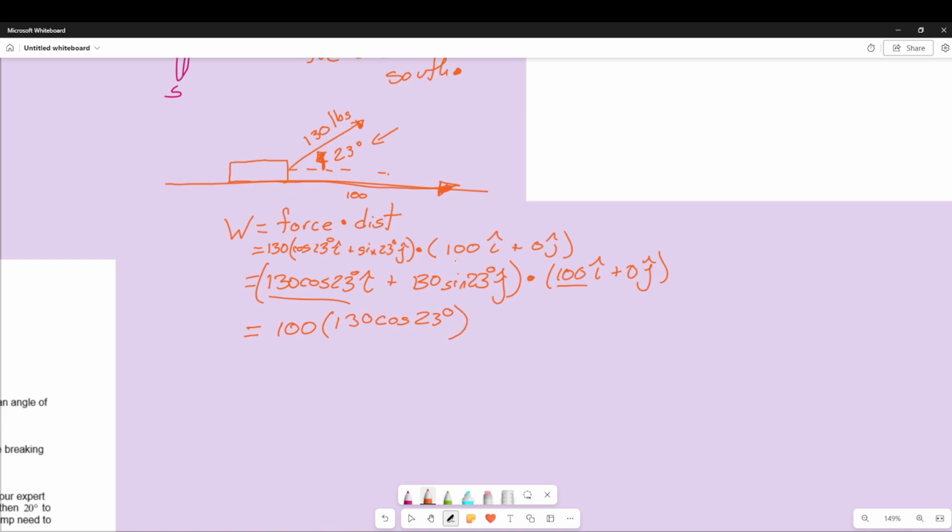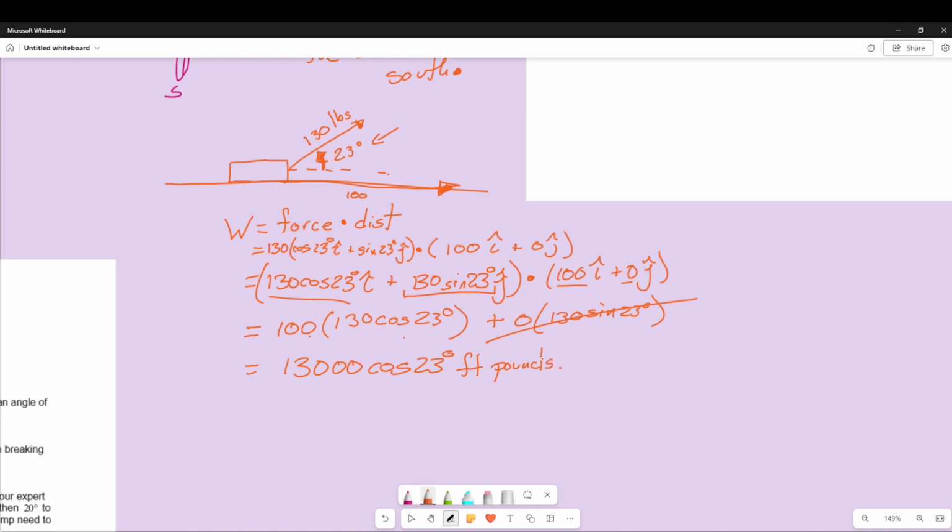Notice there's no i's anymore because this isn't a vector anymore, it's a scalar. So we're multiplying the components, not the i's and the j's. And then plus this 130 sine 23 times 0, which is nice because multiplying by 0 is going to make it go away. So that goes away, and we just get 13,000 cosine 23 degrees, and this is feet, and that's pounds of force, so it is foot-pounds, and that is our units for work.